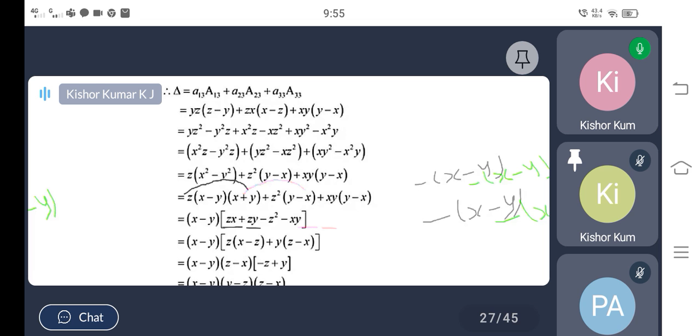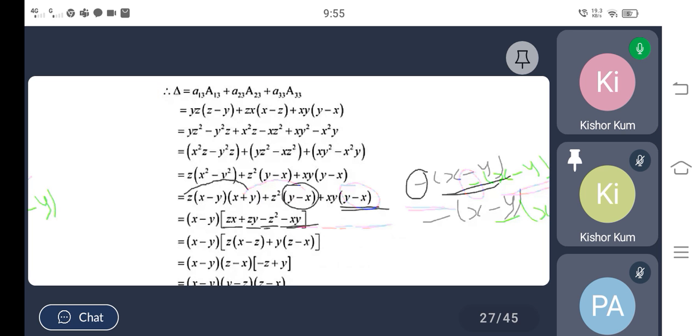Here we have y minus x, but I need x minus y. So when I take the minus outside, we have to multiply these negatives, and here minus z square. The same thing happens here. Plus into minus will be minus, that is the minus xy.